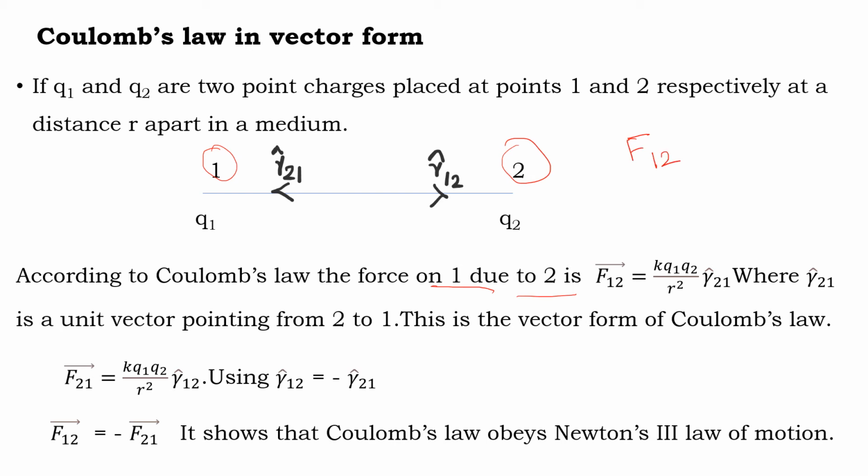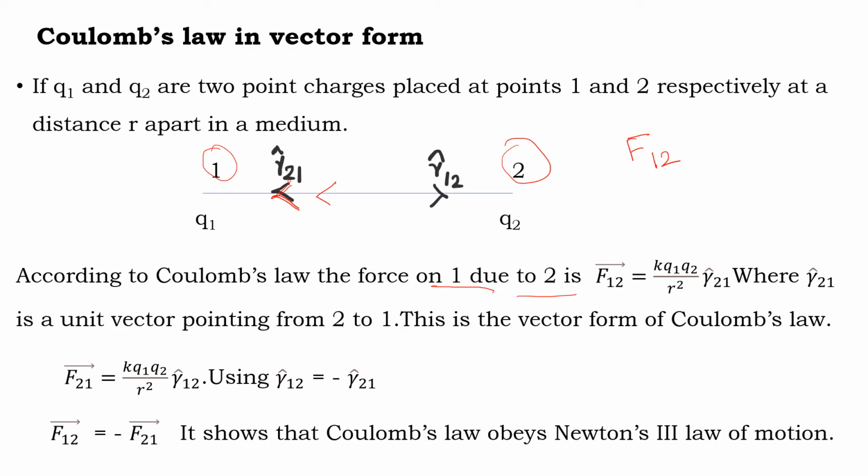It can be represented as K into Q1 Q2 by r square into unit vector r, where this unit vector r is a unit vector pointing from the second charge to the first charge. That is, this is the direction of r21. That is, this unit vector is pointing from the second to the first.